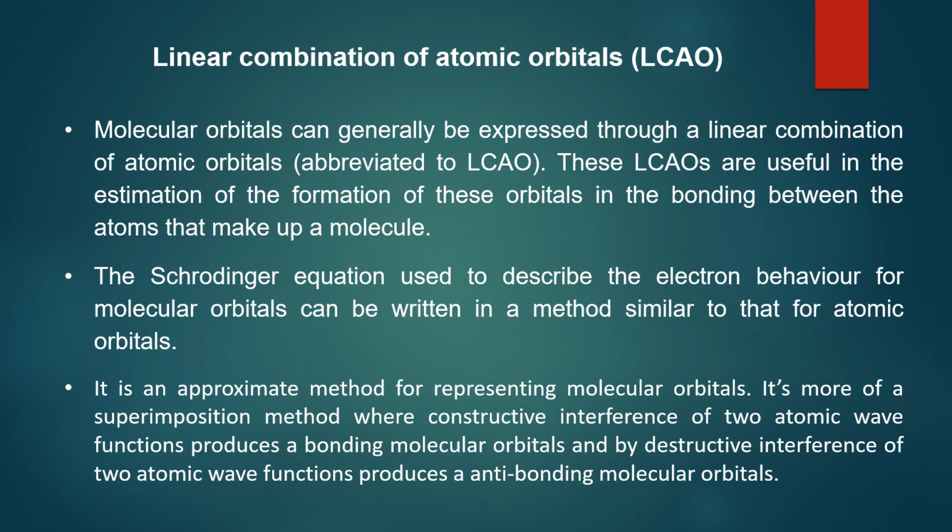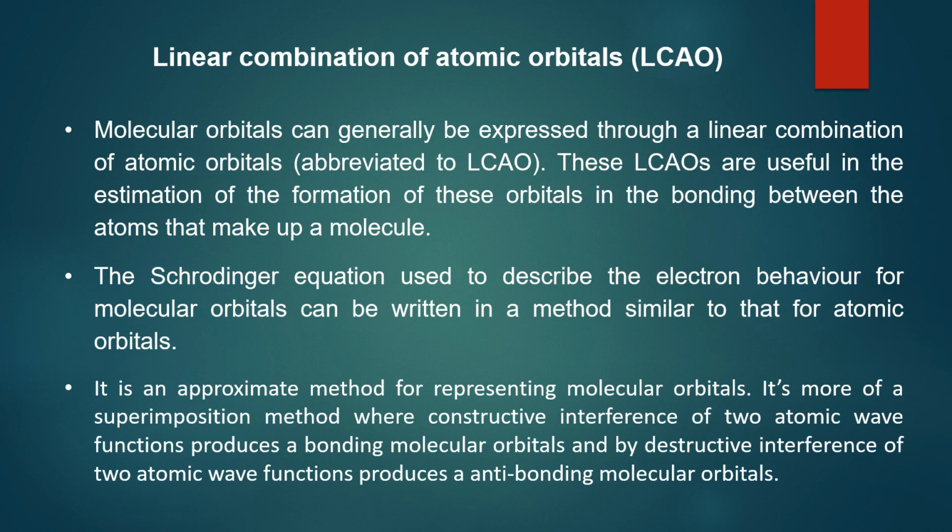It's more of a superimposition method, where constructive interference of two atomic wave functions produces bonding molecular orbitals, and destructive interference of two atomic wave functions produces anti-bonding molecular orbitals.